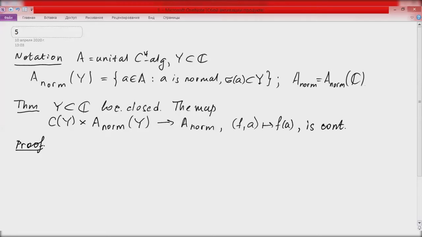And here's the proof. First of all, as before, for each polynomial P in two variables, sorry, I'd like to choose.